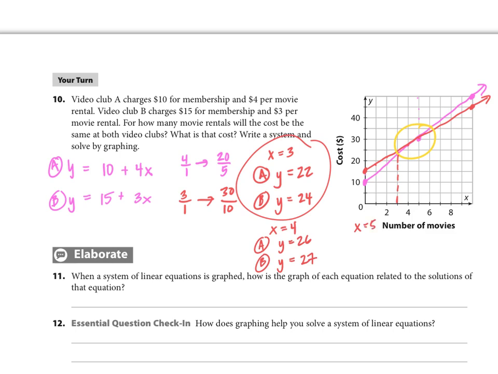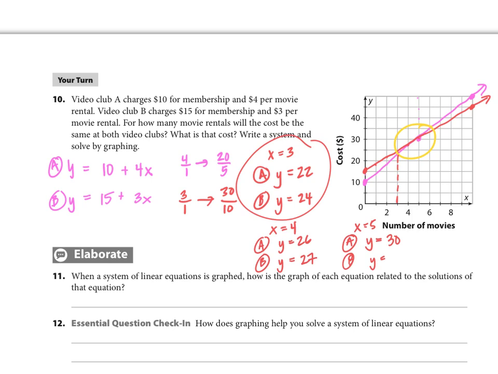And if x is 5, that would be 30. Oh, it looks like this is supposed to be my solution now that I'm looking at it. y is 30 here, and for Video Club B, y is also 30.